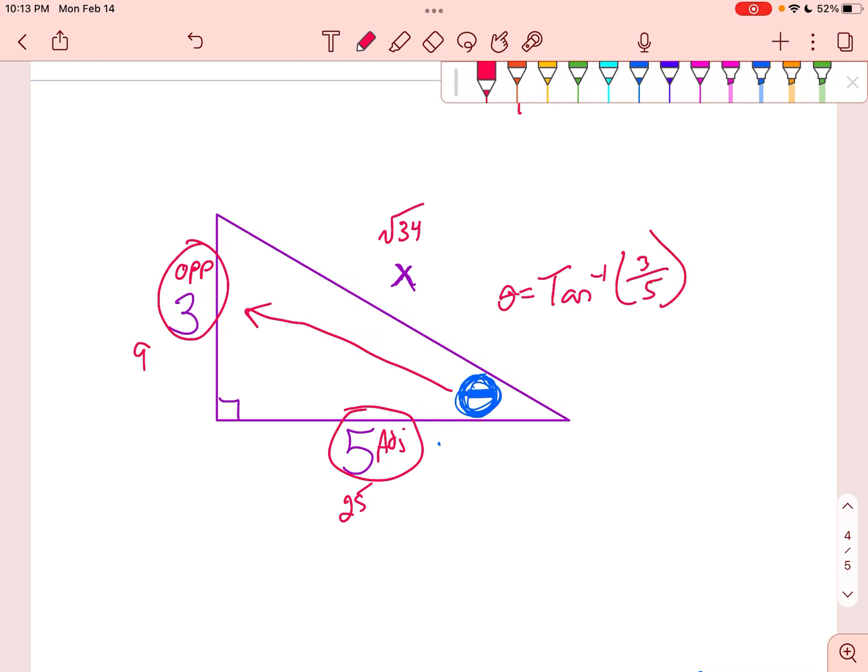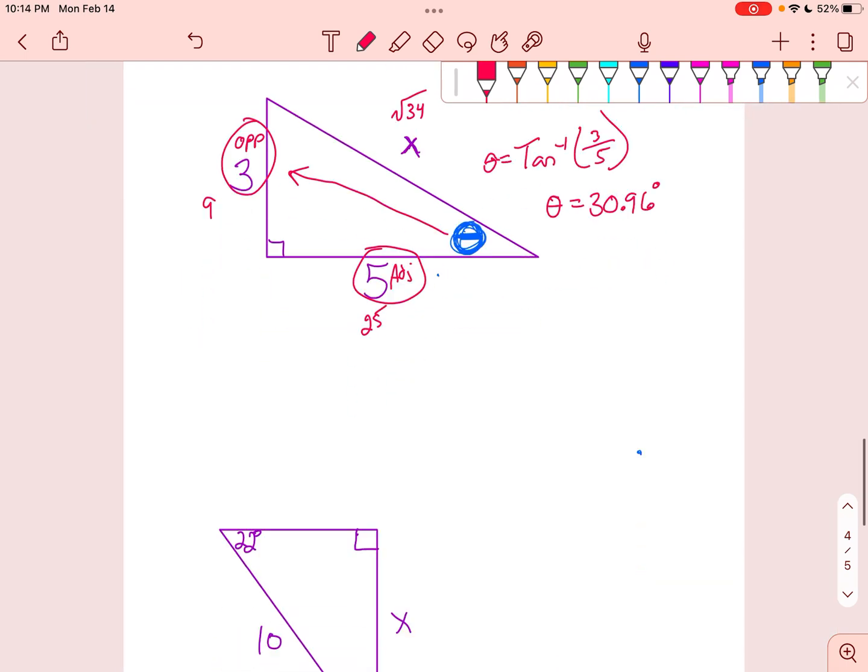So I'm telling my calculator that the opposite and the adjacent side have a ratio of 3/5. What angle is it? And my calculator is telling me that angle is 30.96 degrees.